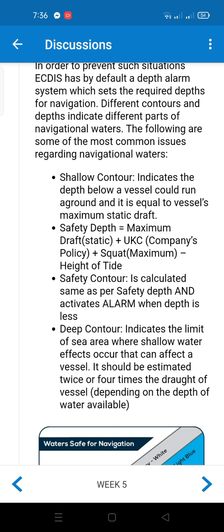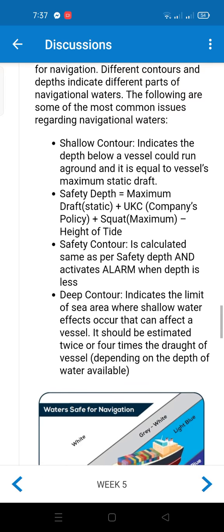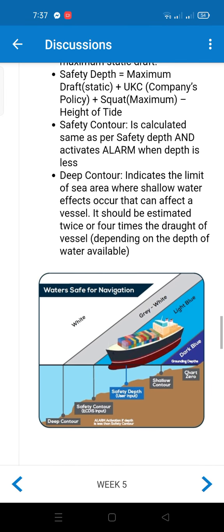Safety contour is calculated the same as the safety depth and activates an alarm when depth is less. Deep contour indicates the limit of sea where shallow water effects occur that can affect a vessel. It should be estimated at twice or 4 times the draught of the vessel, depending on the depth of water available.